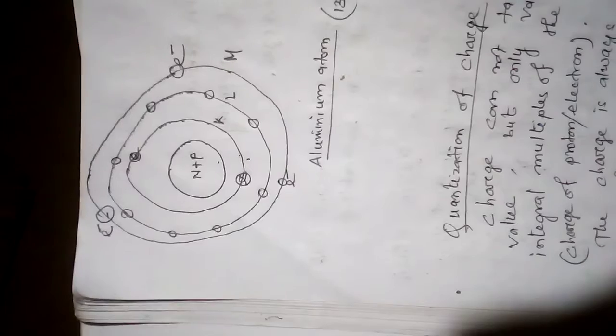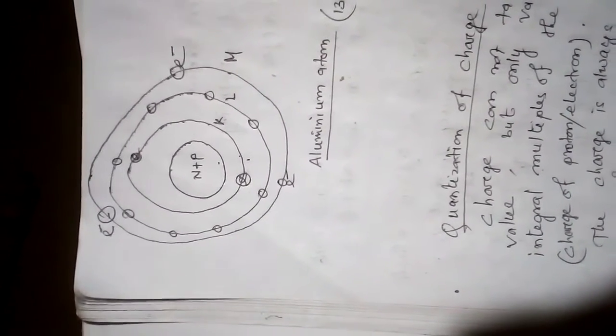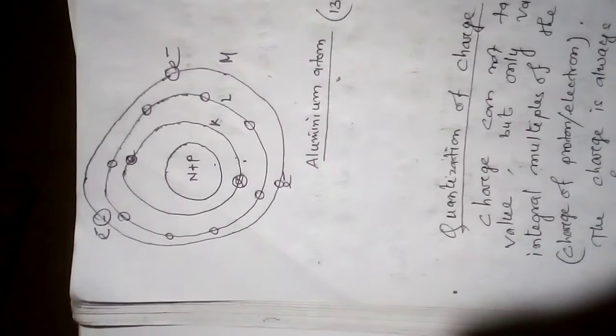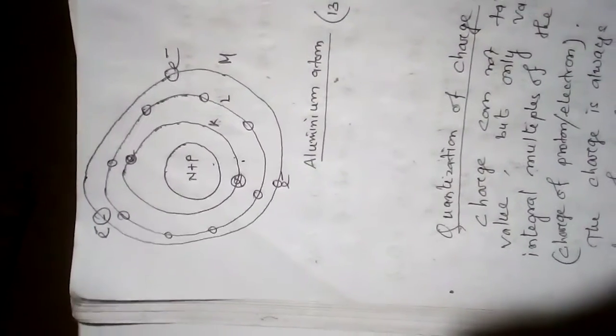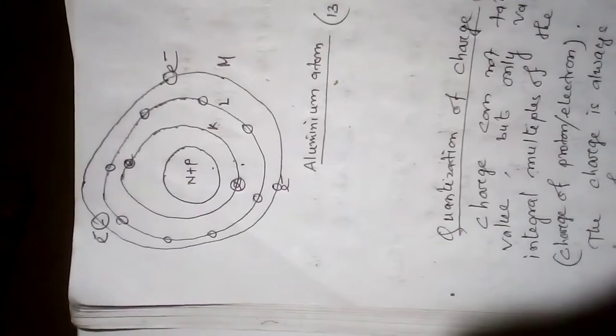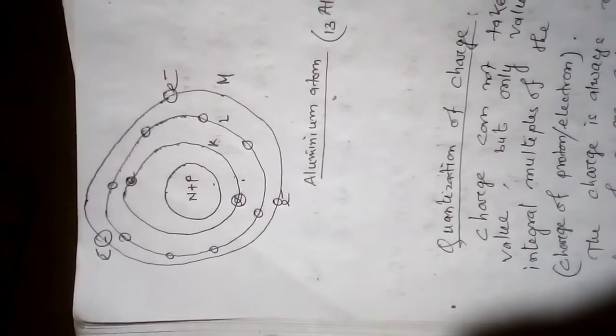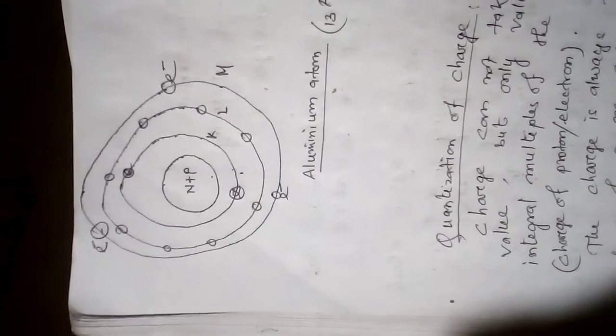The electron which is located at the outermost orbit of the atom is called a free electron, and this free electron can be transferred from one atom to another atom with the help of conduction, induction, and any other specific method.